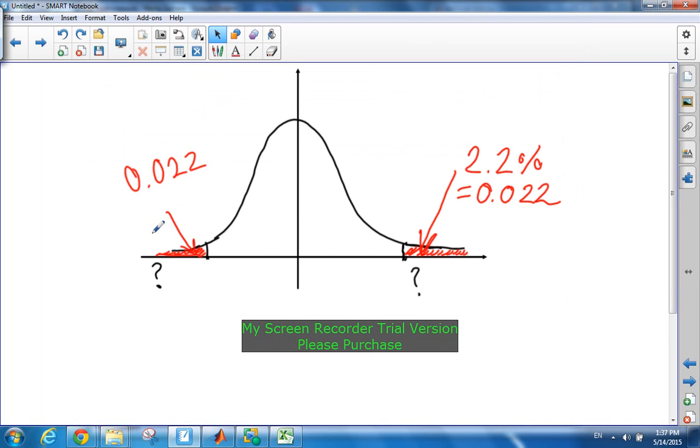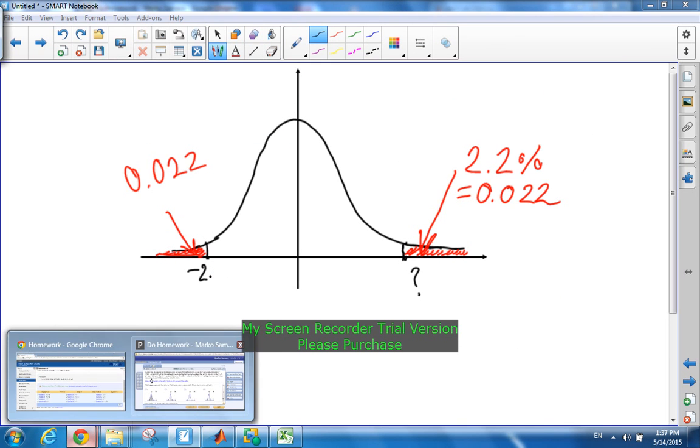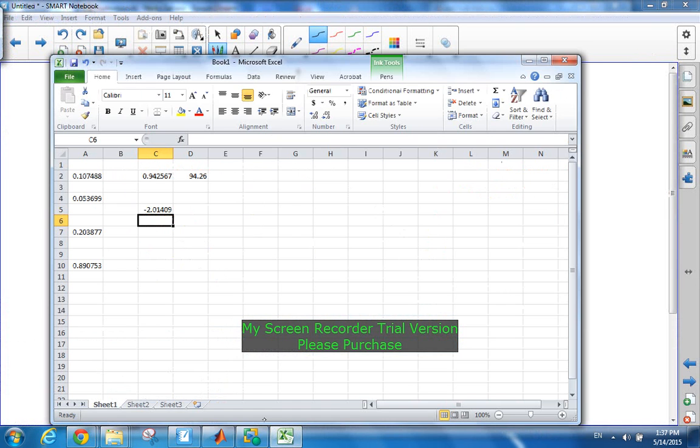So this question mark is negative 2.01409.